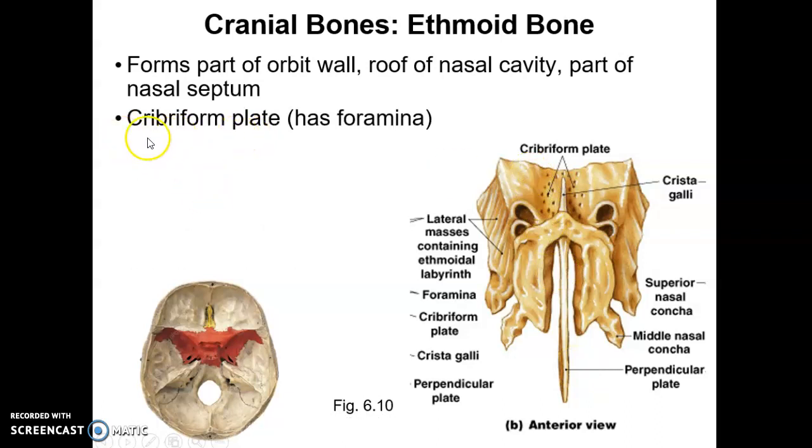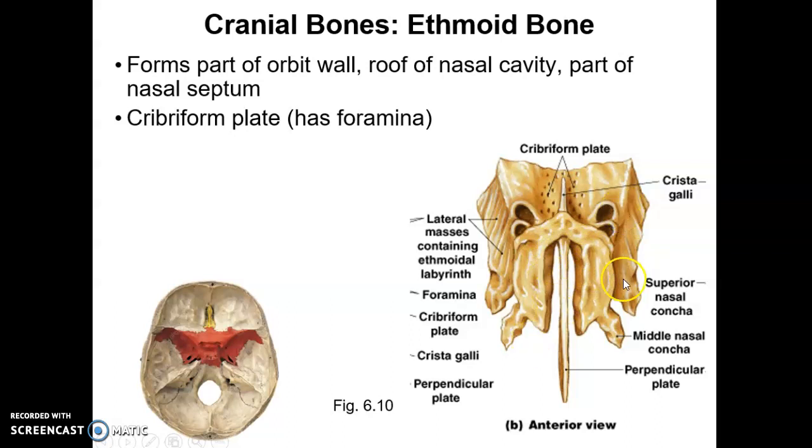It has what's called the cribriform plate that has little openings called foramina, and that's this structure here with these little holes. So what happens here is in this little depression or groove sits part of the olfactory nerve for smelling, and nerves from the olfactory nerve, the olfactory bulb here, go through these little openings, these foramina, and then innervate the nasal epithelium in this part of the ethmoid bone.